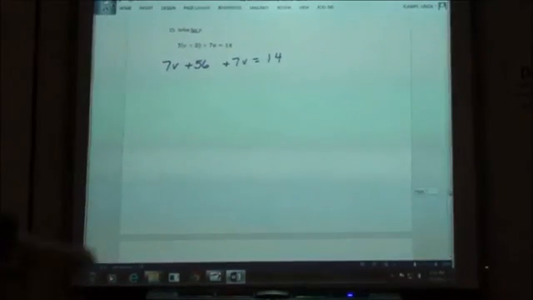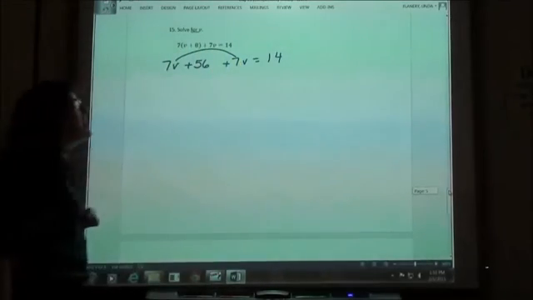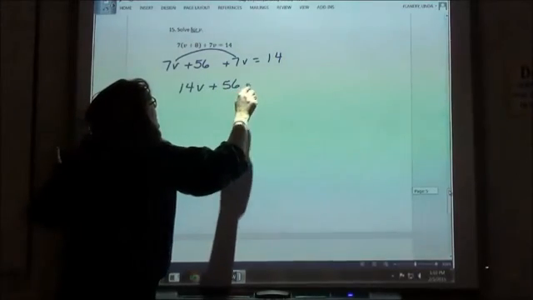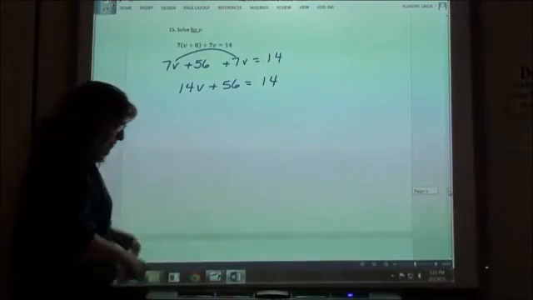Then we're going to combine our like terms, so 7v plus 7v is 14v plus 56 equals 14.